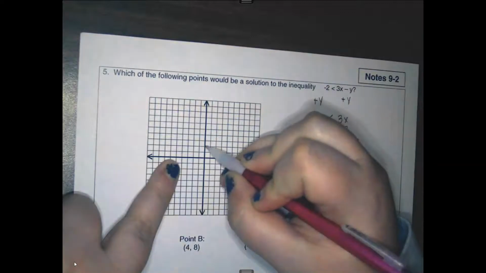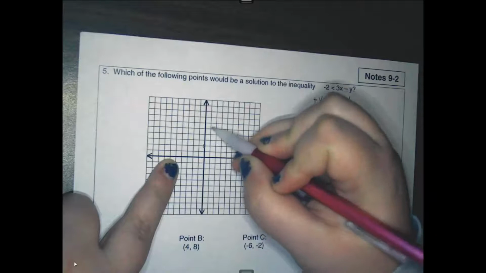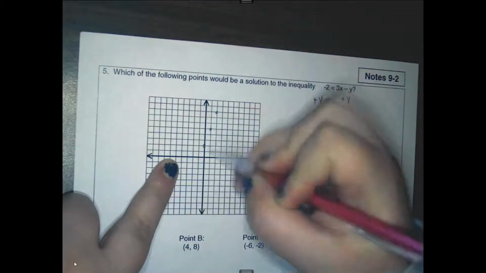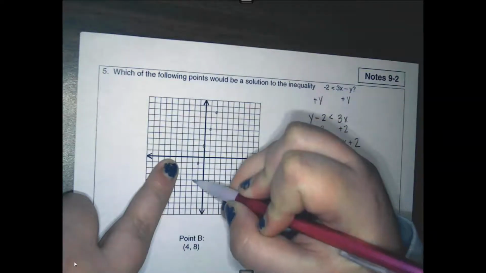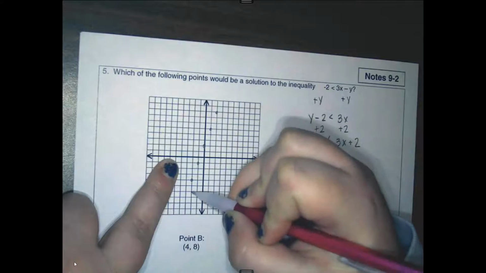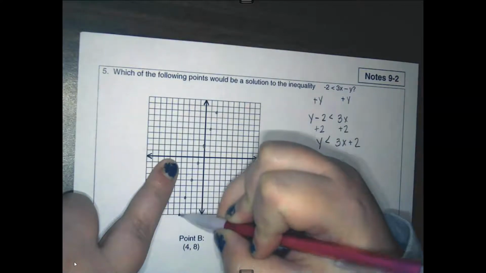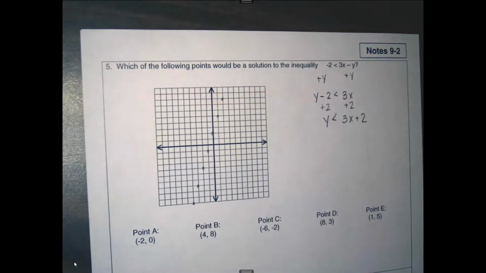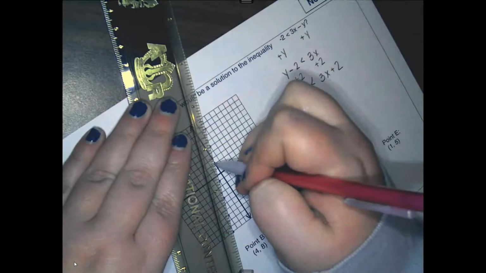So I'm going to start at the 2. I'm going to rise 3, run 1. Rise 3, run 1. Alright, so it doesn't have an equal sign, so that tells me I'm going to be doing a dotted line.